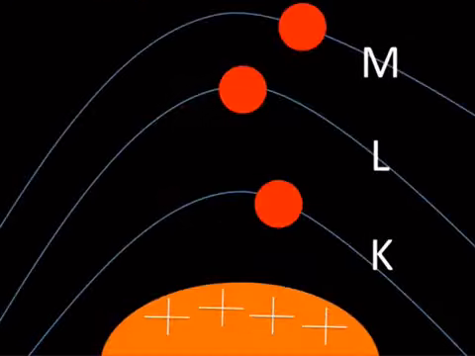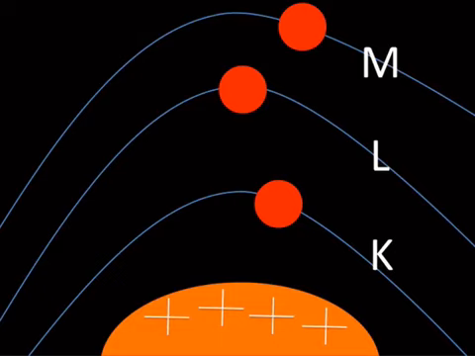So let's take another look here. So you may remember that there are different orbits for electrons, and they've got randomly assigned alphabetical letters to them. And the general idea is that, remember, electrons are negatively charged, right? And the nucleus is positively charged.